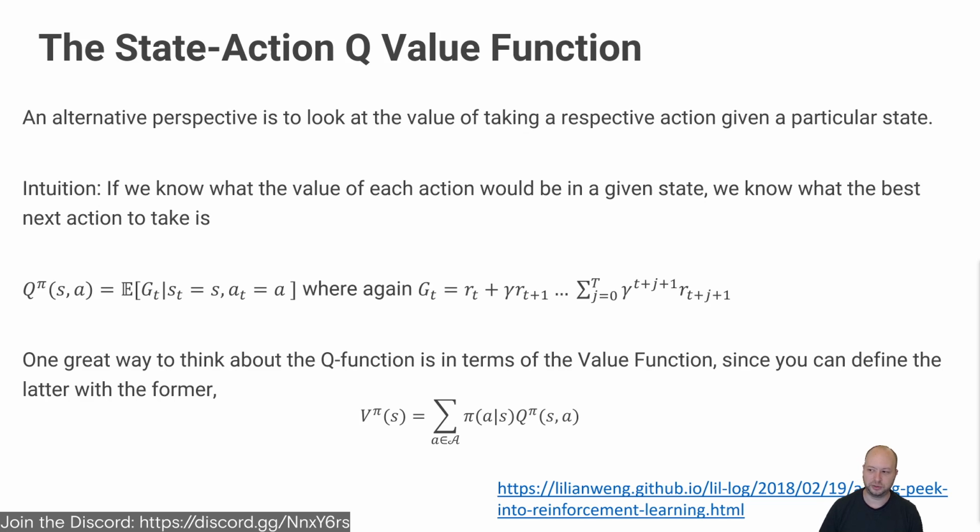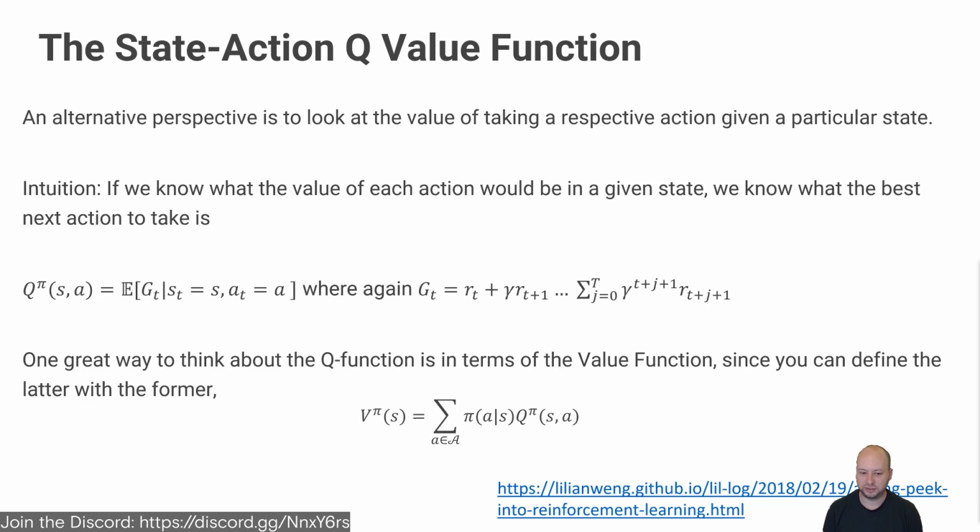We'll talk more about this in the next lecture in particular about the Bellman functions, but you can see here that we can define the value function in terms of the Q function, which is essentially the expected value of the return, defined as the distribution of actions across all actions times the value of that particular action.